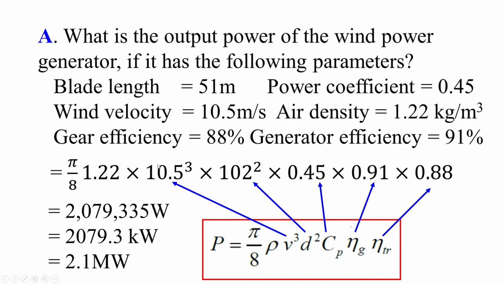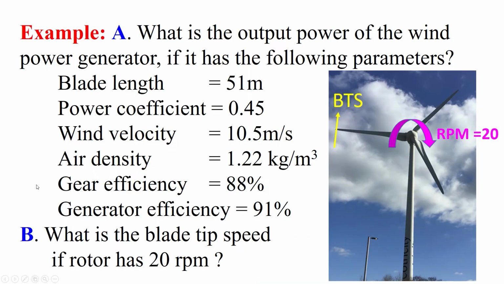So once you put all these values, your final answer will be coming in watts. So it's a large number, so you can convert it to kilowatts, dividing by 1000, or you divide by another 1000, you will end up with 2.1 megawatts.